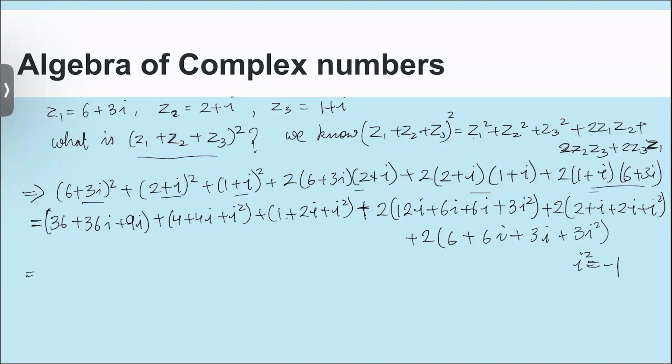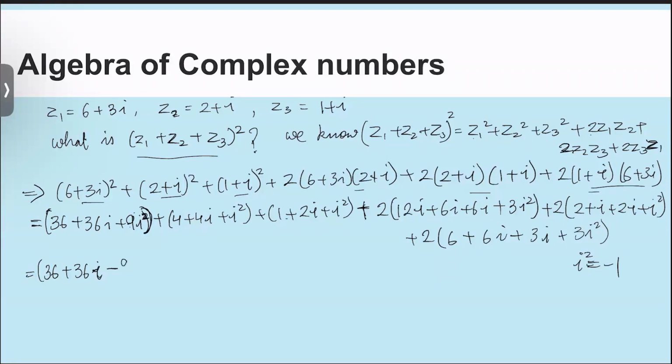So what you get is 36 plus 36i plus 9i. Oh, sorry, this would be 9i squared over here. So 36i over here, this becomes minus 9.